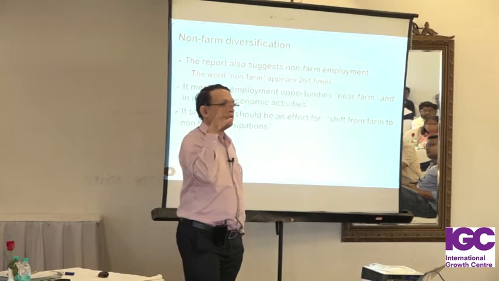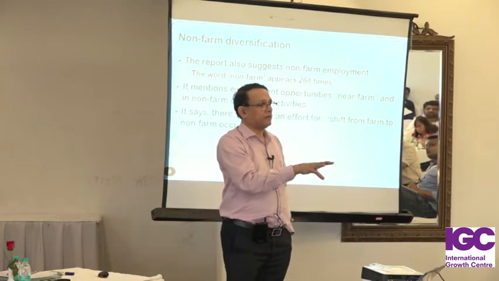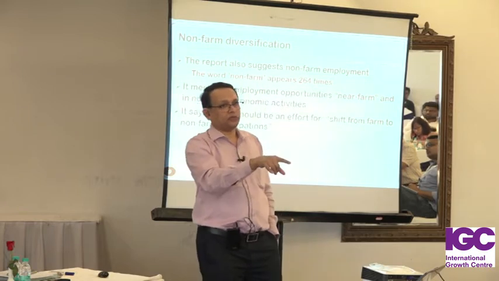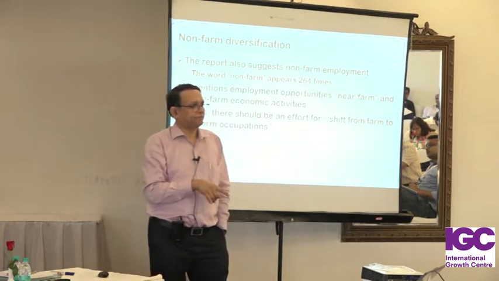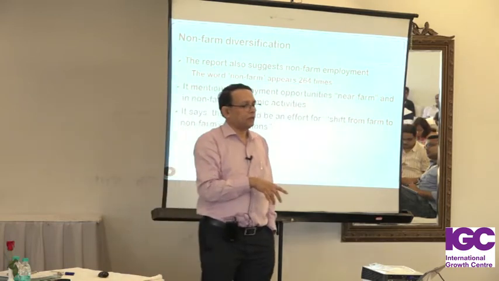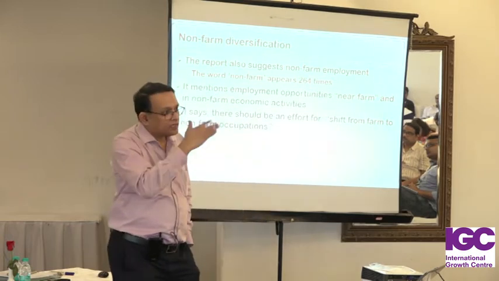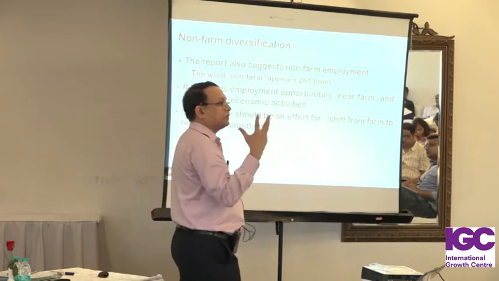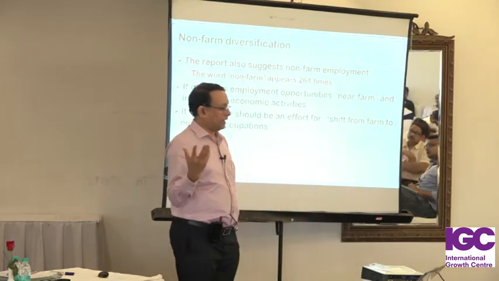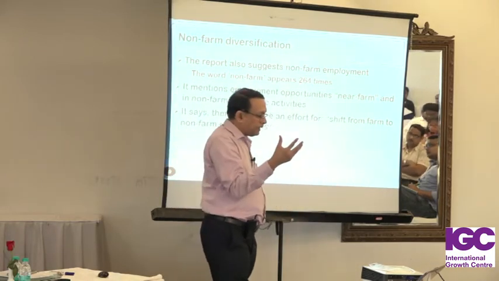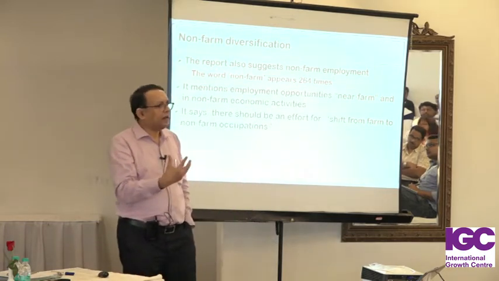It's a strategy for employment generation out of agriculture, but in the village, in the rural area. So that's the kind of transformational change that you have to start thinking about. Okay? And that's what we mean by near farm jobs.